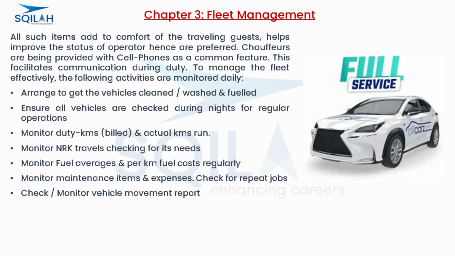All such items add to the comfort of the traveling guests and help improve the status of the operator, hence are preferred. Chauffeurs are being provided with cell phones as a common feature. This facilitates communication during duty.